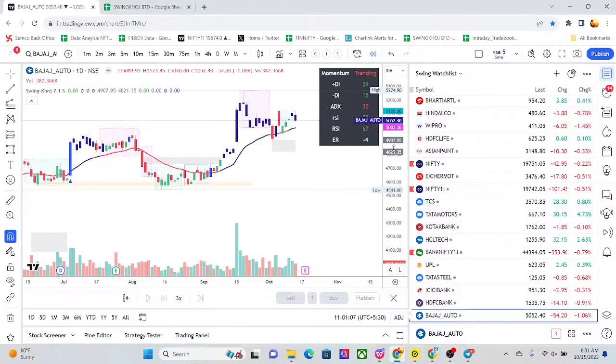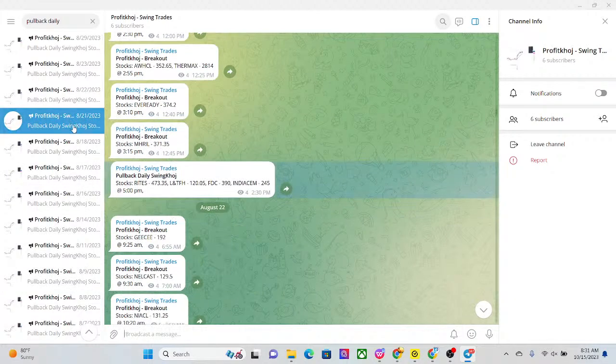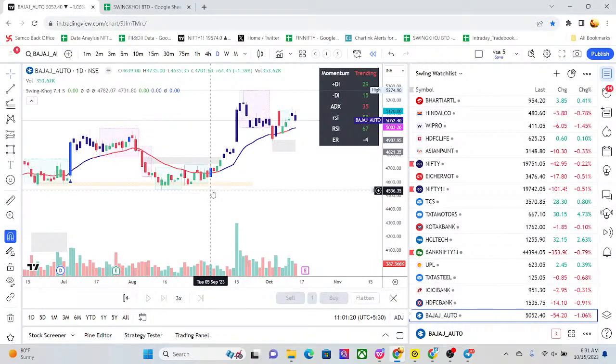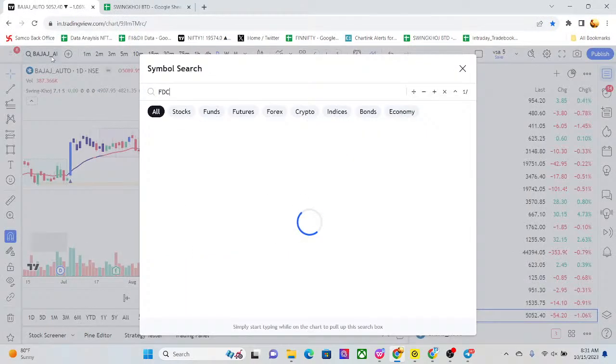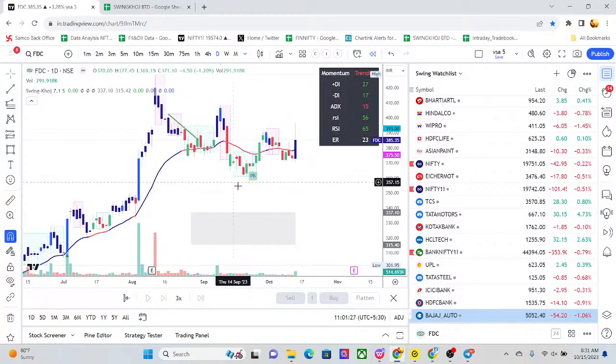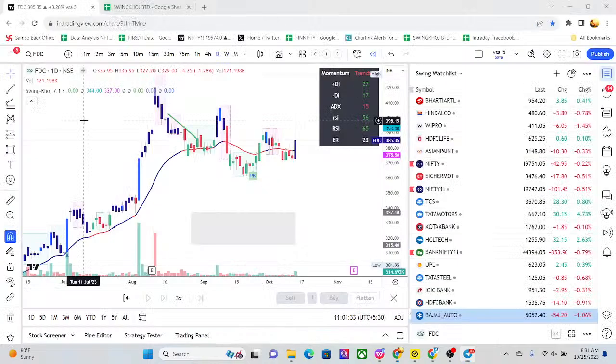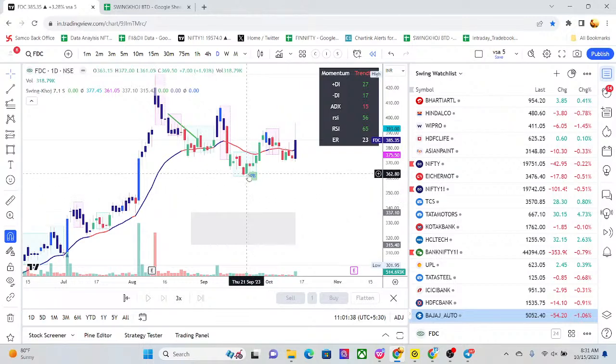Okay, let's go for another example. Some other date we'll try. Let's say FDC, India Cement. You can see a pullback here, right? 21.8. Here it gave already.